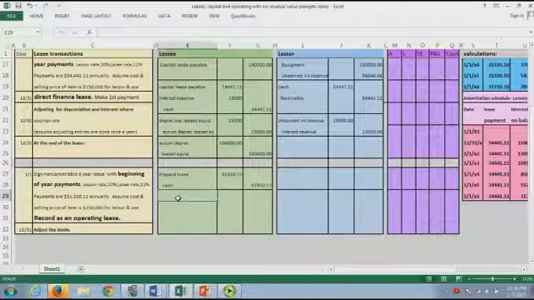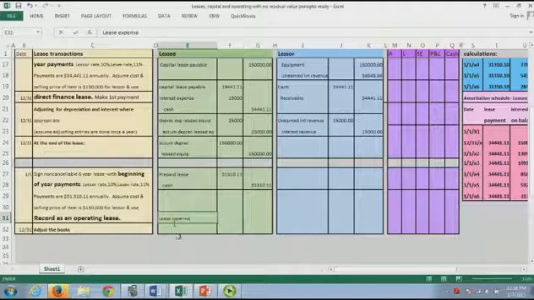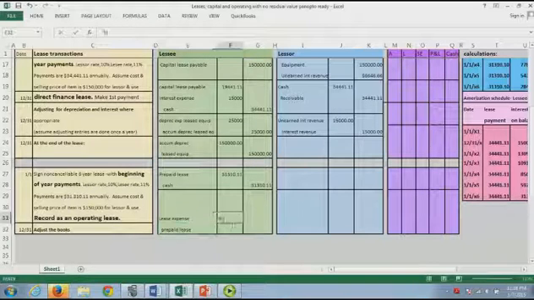And the adjusting entry at the end of the period would be to expense it, just lease expense and prepaid. So look how much easier this is than the capital lease. That's as complicated as it gets.